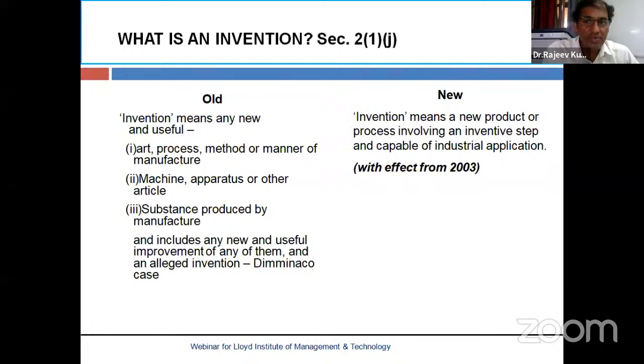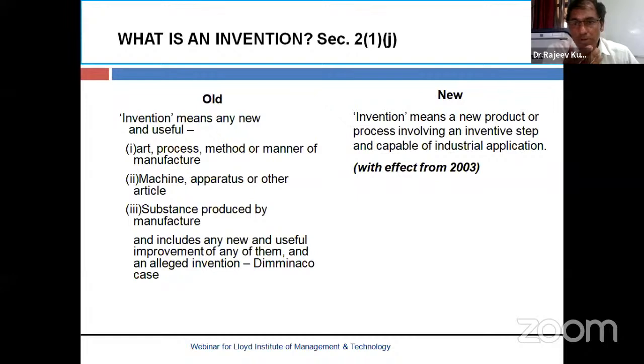Invention means a new product or a process involving an inventive step. The word inventive step is very crucial, and of course it should be capable of industrial application. That is the prerequisite.